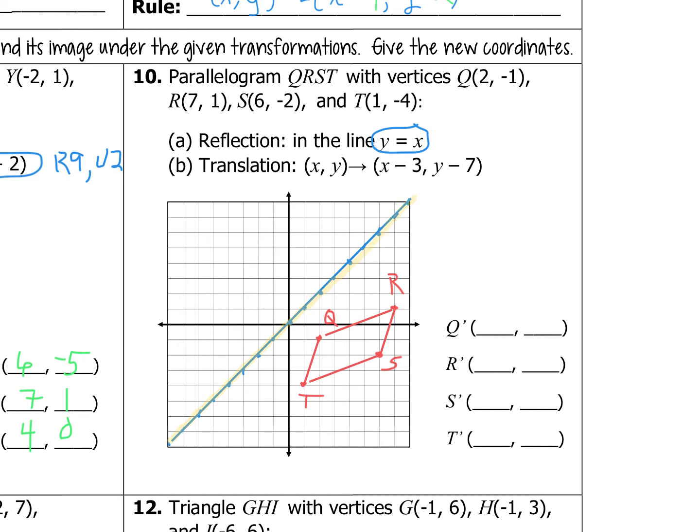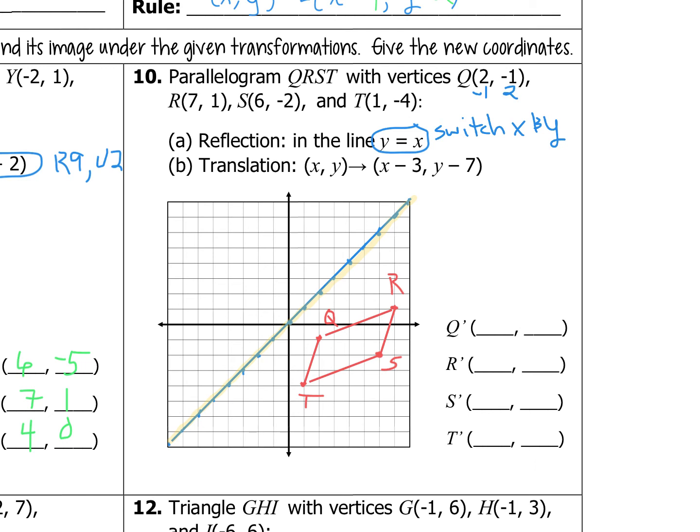And so if you recall, if we're going to reflect over y equals x, we have to switch our x and y's. If it were y equals negative x, remember you would switch the x and y and make both of them the opposite sign. So we're just going to switch our x and y, and so for our interim, for q, I'm going to have a -1 and a +2.